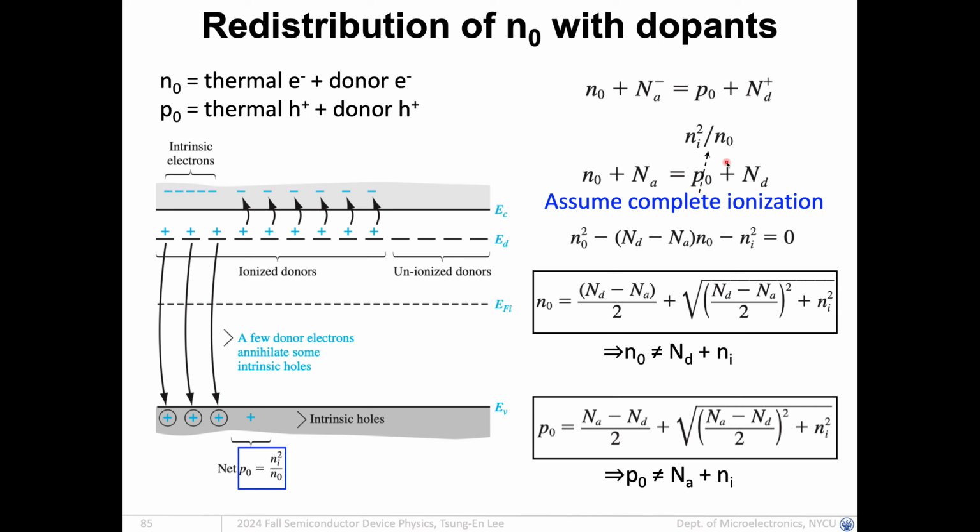If it is not a degenerately doped semiconductor, then we can replace P0 by Ni squared over N0 based on the mass action law.